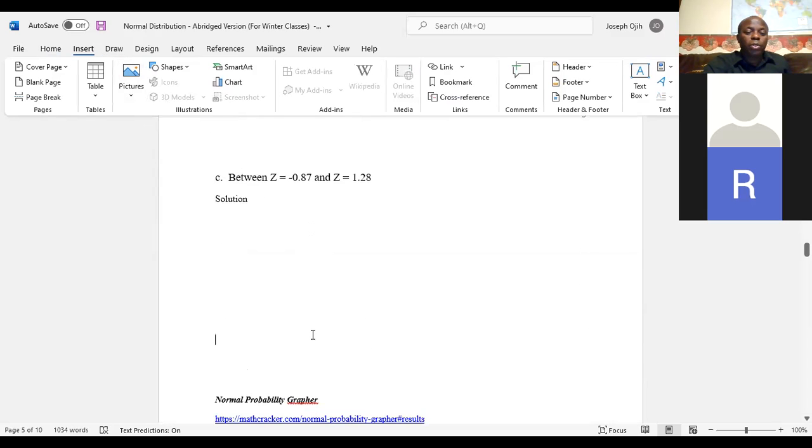The best thing is to put the numbers in, to make it easy for us. One is negative, and the other one is positive. So I'm going to put them here: negative 0.87, 0, 1.28. So it's easy for us to draw the graph.